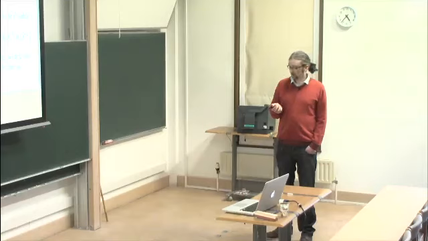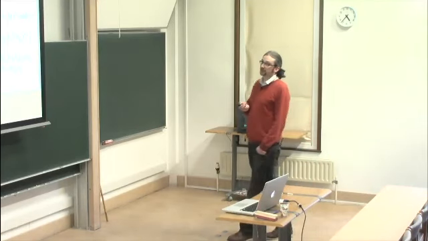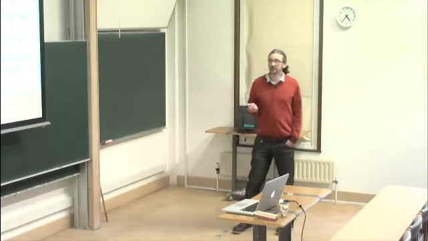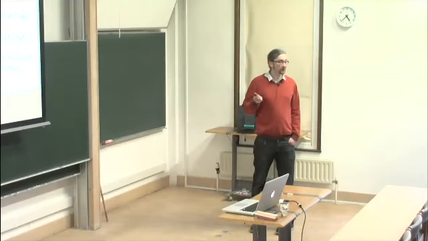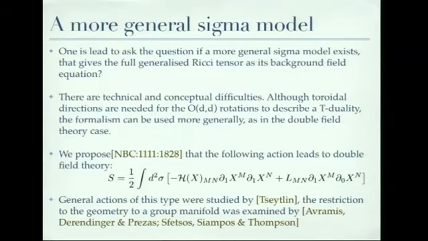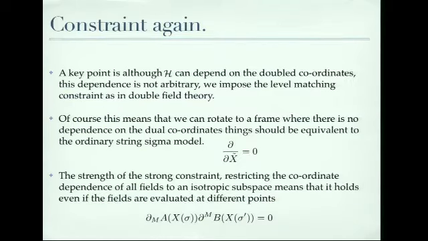So here we have a dependence on x, but of course it's not completely general dependence on x, because if we want to get the double formalism out on the double field theory out on the other side, we should have the same freedom of x dependence as the double field theory. So x should obey a constraint, the level matching constraint. So we impose the strong level matching constraint in this case.